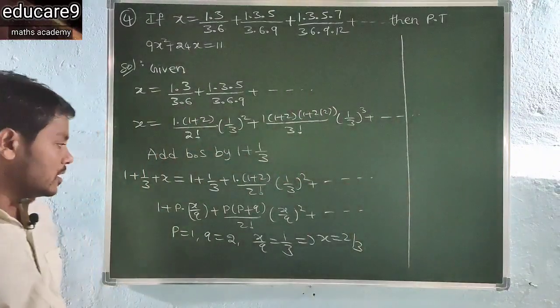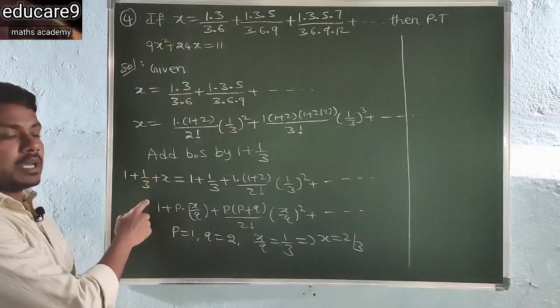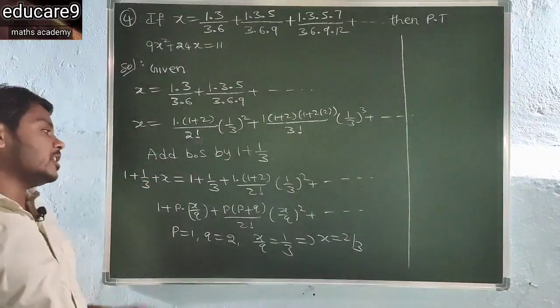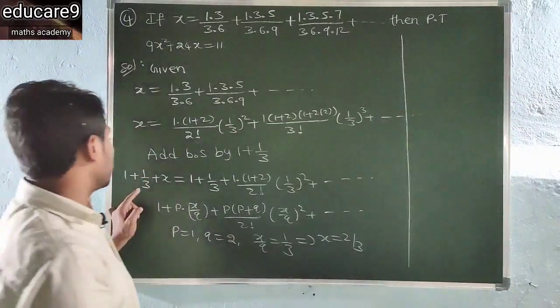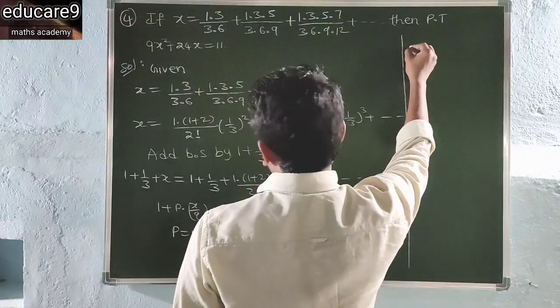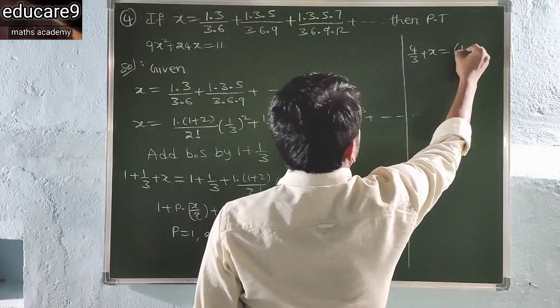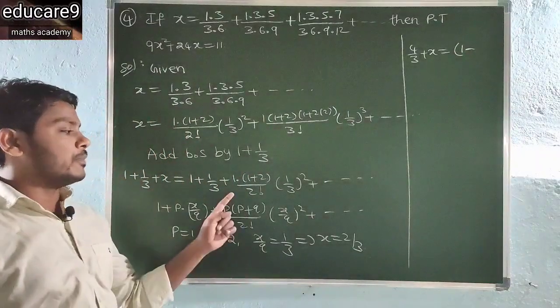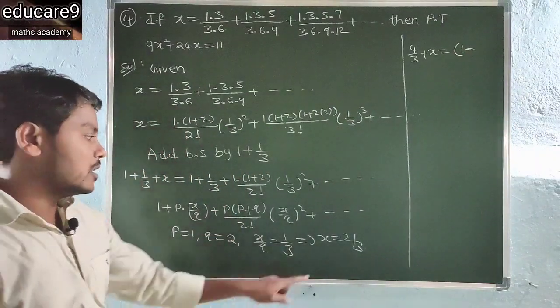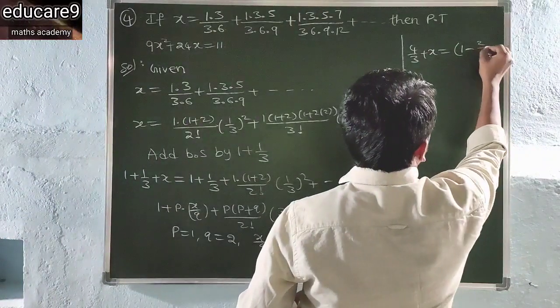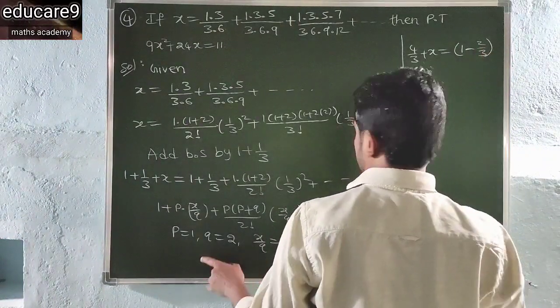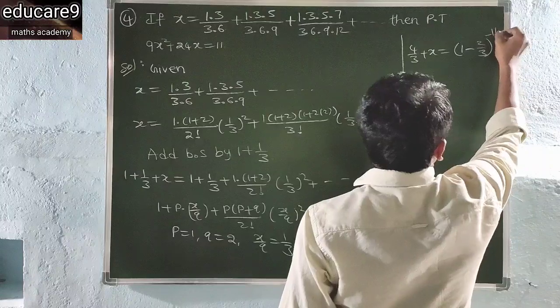Okay, so therefore 1 plus 1 by 3, that is 4 by 3 plus x is equal to (1 minus x) to the power of minus p by q. This expansion is, that is (1 minus 2 by 3) to the power of minus p by q, that is minus 1 by 2.